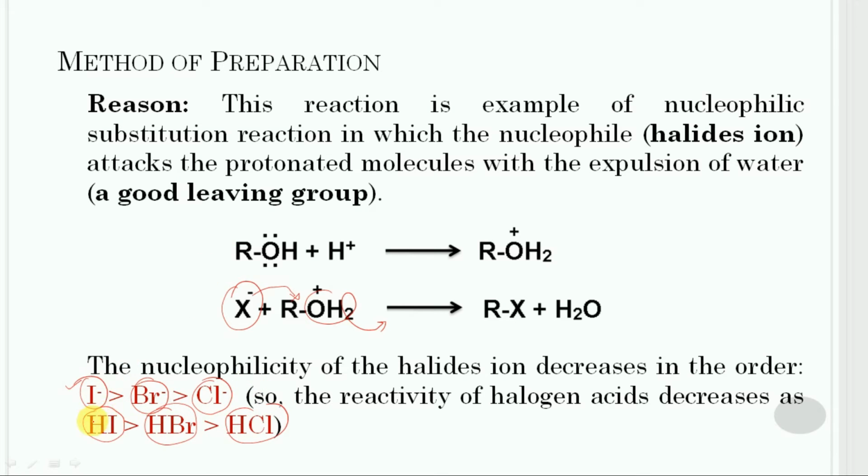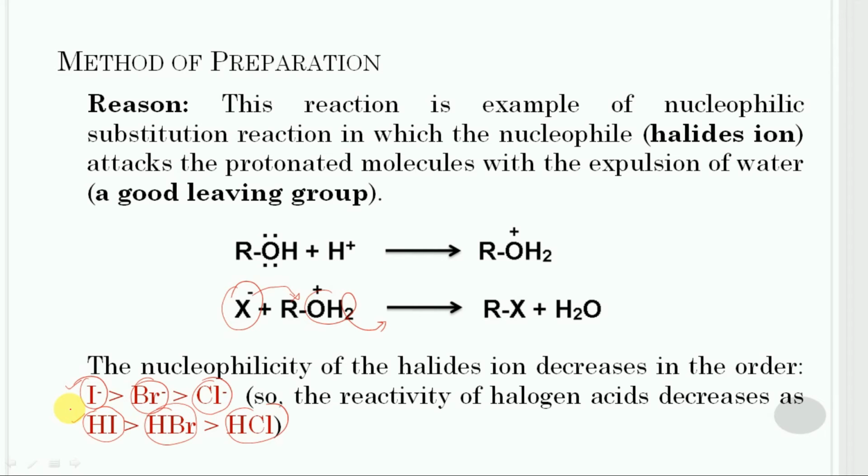Further, since the order of stability of carbocation follows the trend tertiary, secondary, primary, tertiary alcohol reacts faster in comparison to secondary, and primary alcohol has the least reactivity.